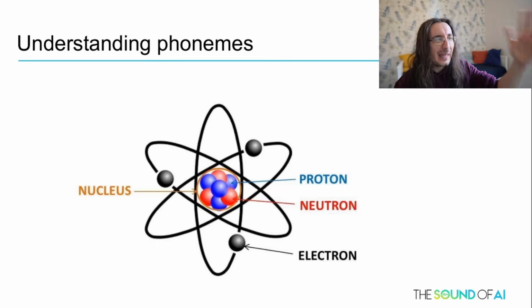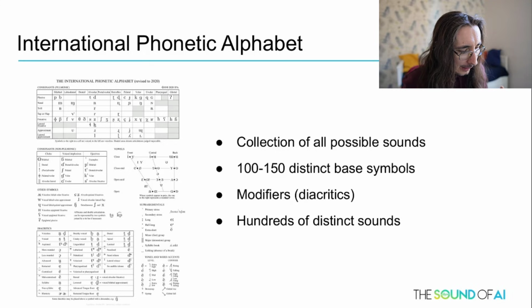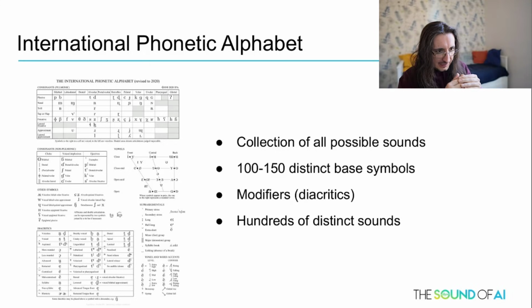And perhaps you can count the electrons in as well. Okay, so I guess you now have a better understanding of these phonemes, but this is a deep concept, and it's a deep research area as well.